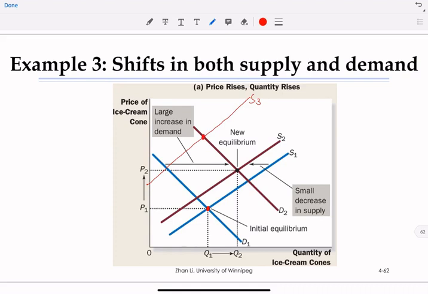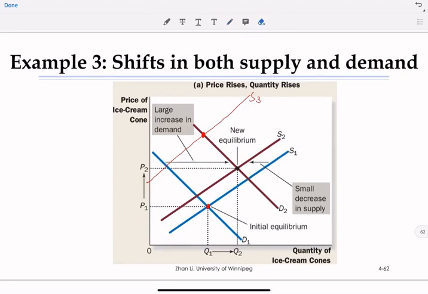What you can see here is that you're still getting a higher price, but you're getting a slightly smaller equilibrium quantity, right? So you can see that for this specific example, you could only be certain that price will increase, and you're not certain how equilibrium quantity will change.